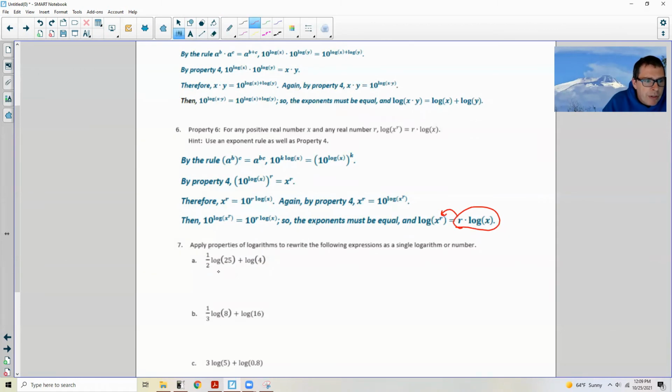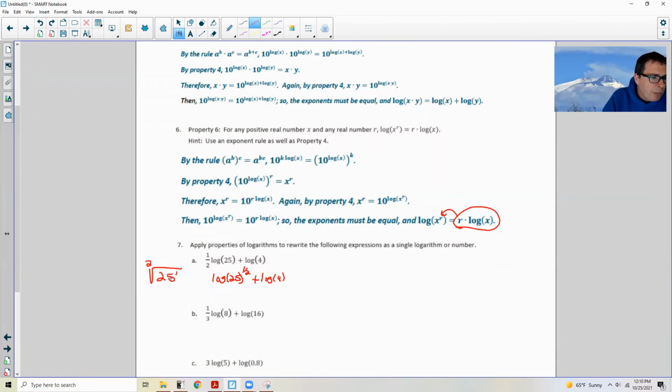So this is going to get rewritten as the log of 25 to the power of 1/2 plus the log of 4. Well, taking a power to 1/2, if you remember your algebra, just means the square root, where your denominator is your radical index and your numerator is the power of your radicand.